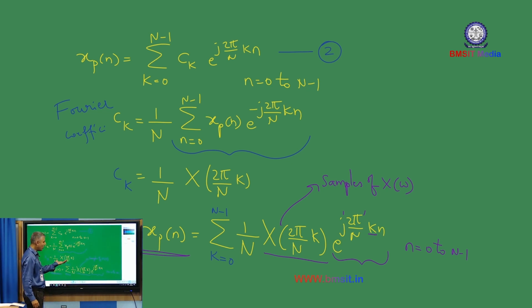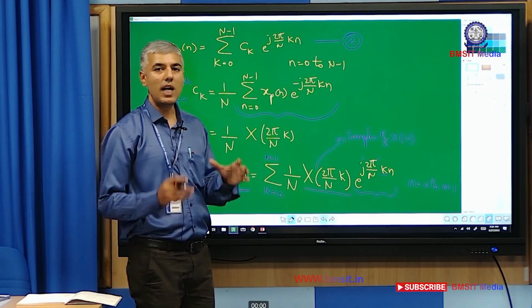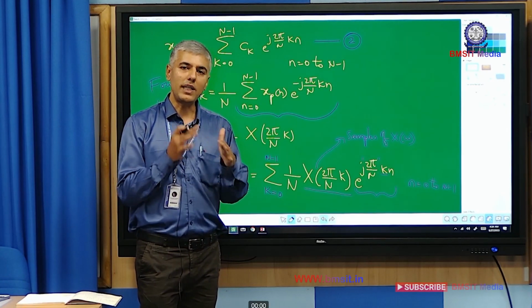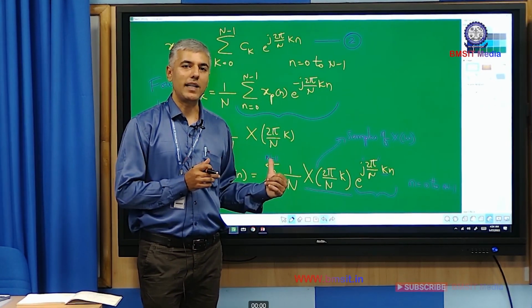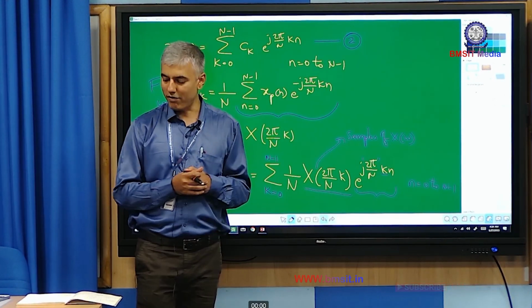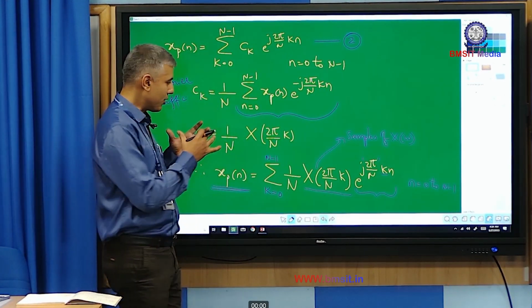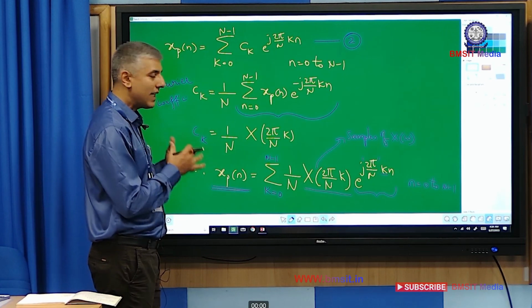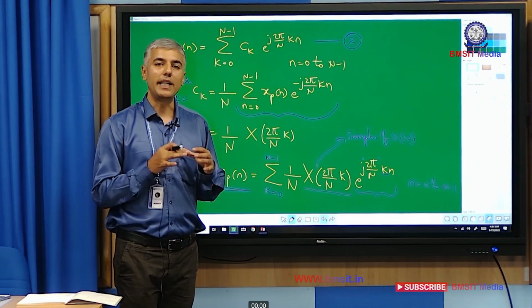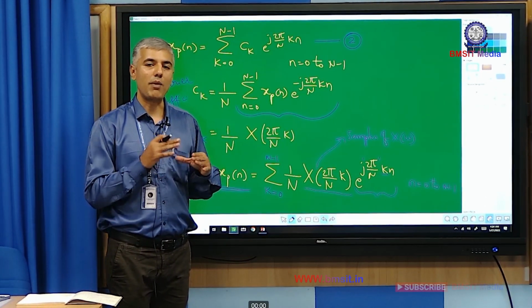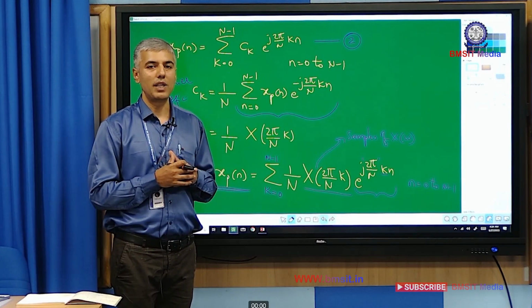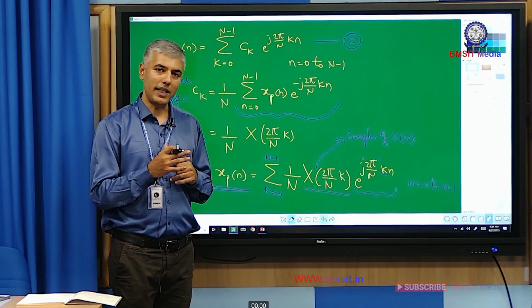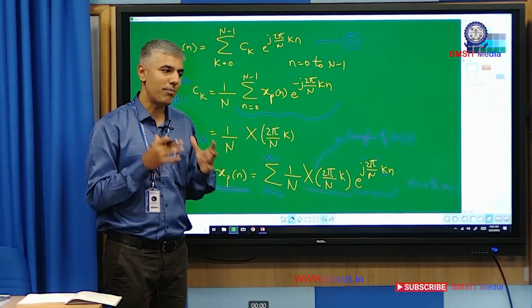So all the terms in this summation are known. Since all the terms are known, we can get back x_p of n. Okay, so this shows that reconstruction of the time domain signal from the samples of X of omega is possible.